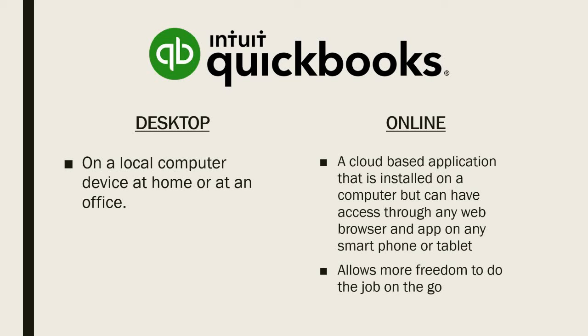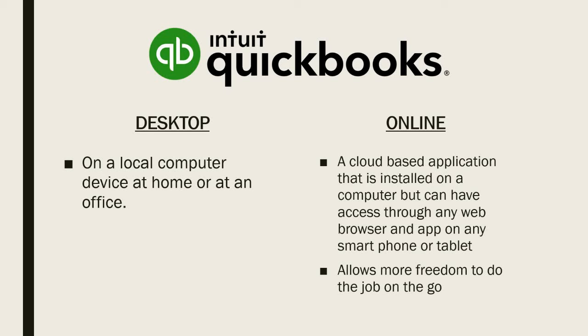Whereas the online version, right, you're gonna be given a cloud to hold all the data and information as well as keep your stuff secured. Basically, you can travel wherever you are and update your books using your phone.